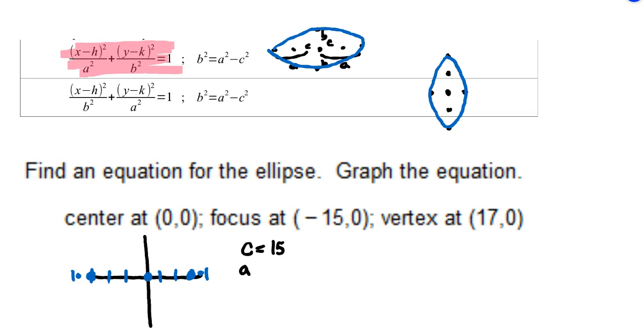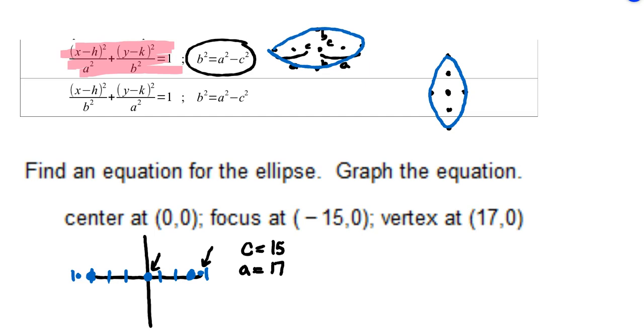I know that a is the distance between the center and the vertex. So because the center is at (0, 0), and one of the vertices is at (17, 0), then a is 17.